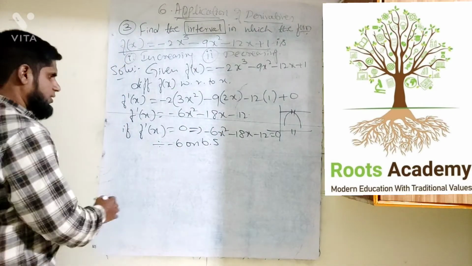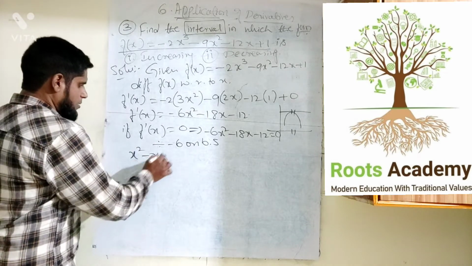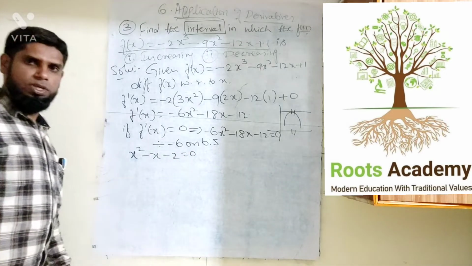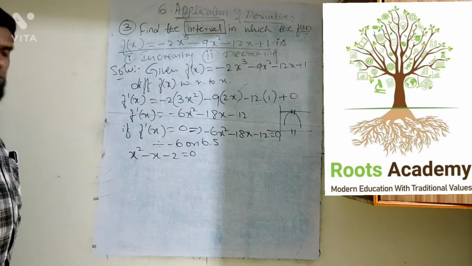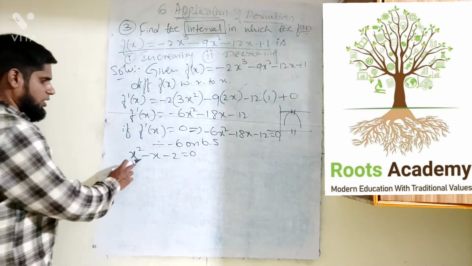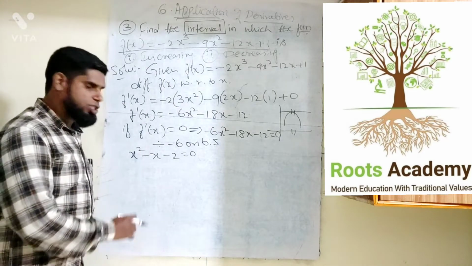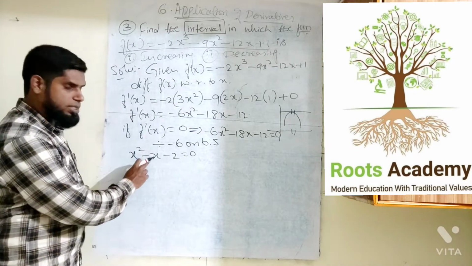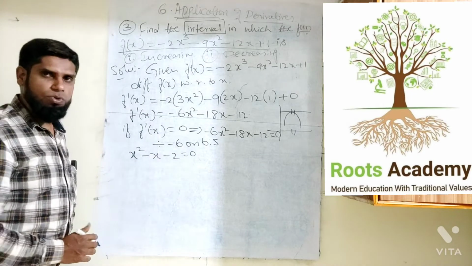So what I get? Just x square minus x minus 2 is equals to 0. So after this, again we should do factorization here. If I'm doing the factorization, then I need two terms whose sum is -1 and whose product is -2.